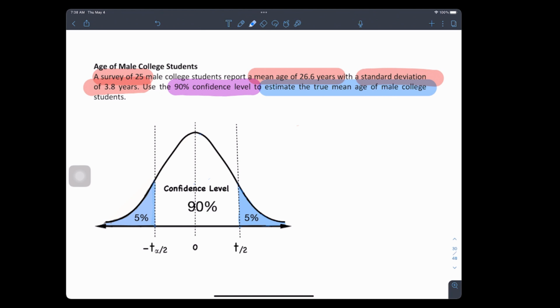Now, I don't know about you guys. Let me give you a little background on this idea about male college students. Maybe you've made this observation, I don't know. Do you guys know for a long time there's been more women in colleges and universities than men?